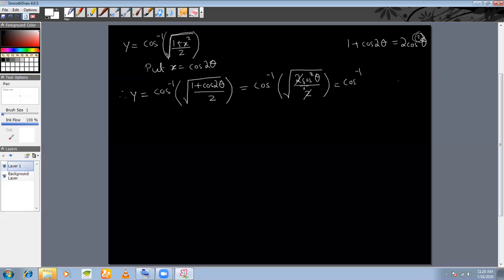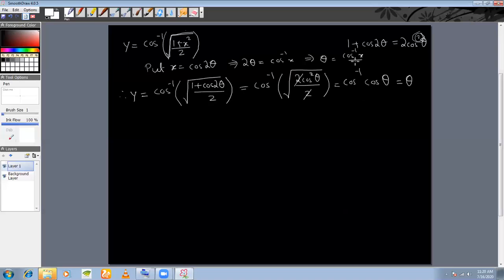Now 2 will cancel. You are only left with root cos square theta, which is nothing but cos theta, isn't it? So which is equal to theta. And if x is equal to cos 2 theta, then 2 theta is equal to cos inverse x. That means theta is equal to cos inverse x divided by 2, or half cos inverse x.